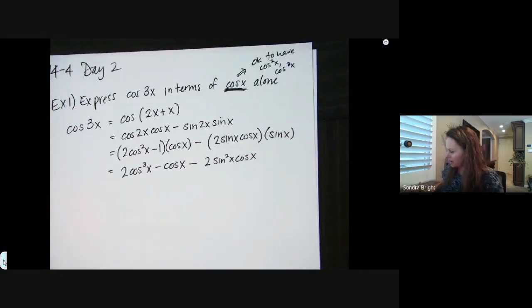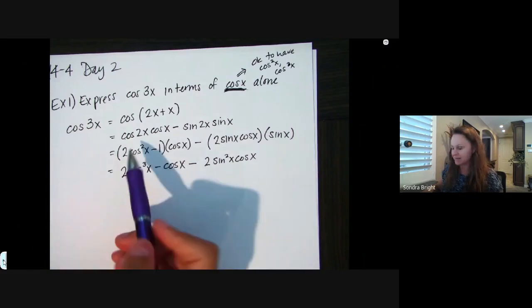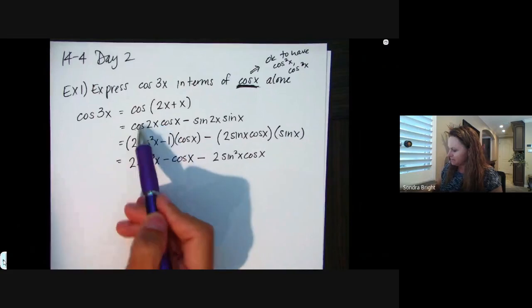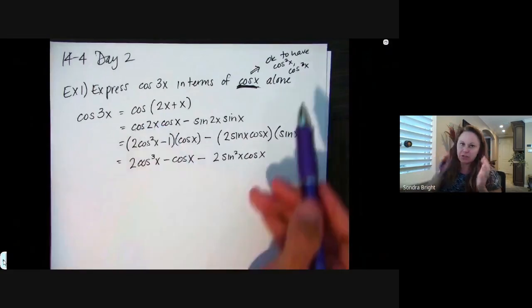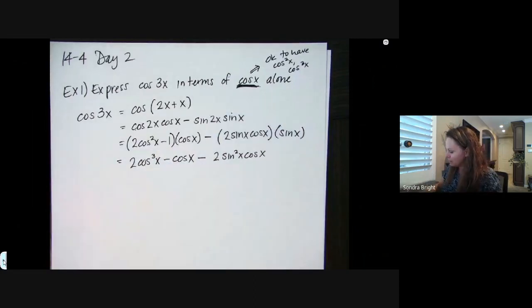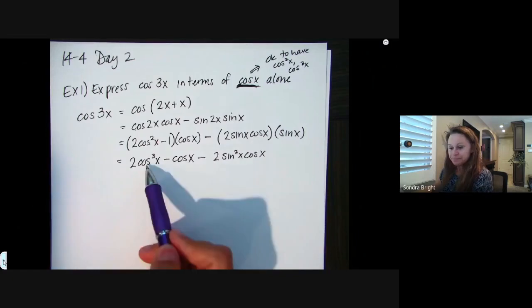So those are okay. Not okay to have cosine of 2 times x, because that's like talking about 60 degrees instead of 30 degrees, right? But all of these, this is cosine of 30 degrees and then cubed. It's still in terms of cosine of 30 degrees. So those are okay. So that one's good. That one's good. This cosine's good. This sine squared is not.